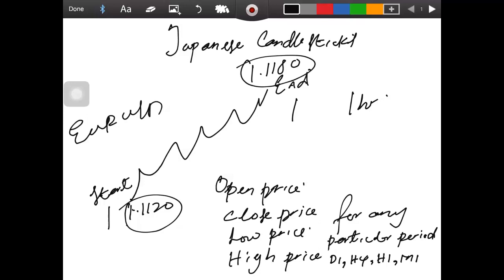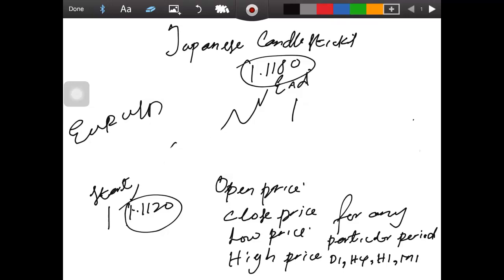That means we can see from 11:00 to 12:00. It should always be at a round number. From 11:00 to 12:00, from 12:00 to 13:00. So for this particular period, 1 hour, all we need is the open price.